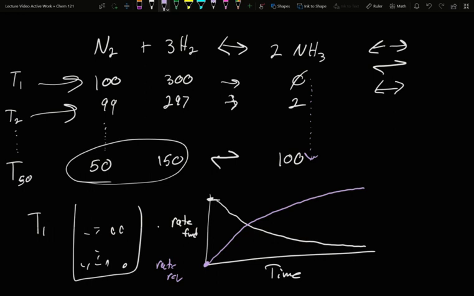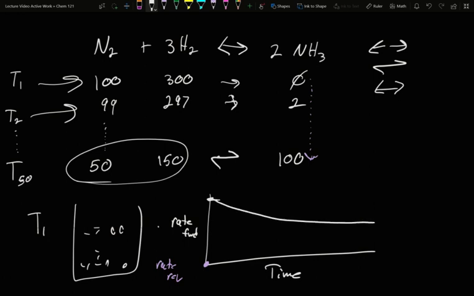As you consume starting materials, the speed of reaction will go down. As you produce products, the speed of the reverse reaction will go up. Eventually, those two will meet. And this drawing is a little bit off on angles, so let me redraw it like this. Because what will really happen is they will eventually meet.